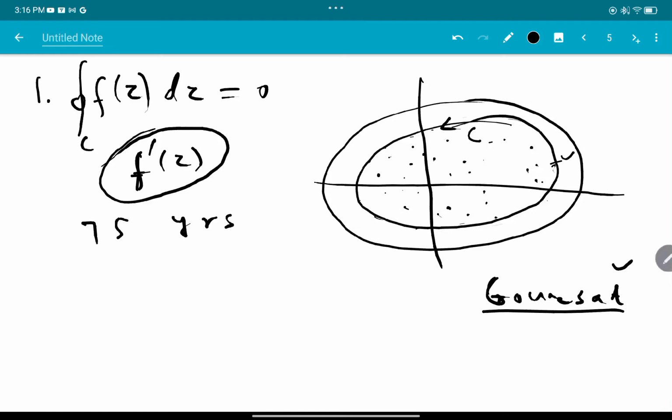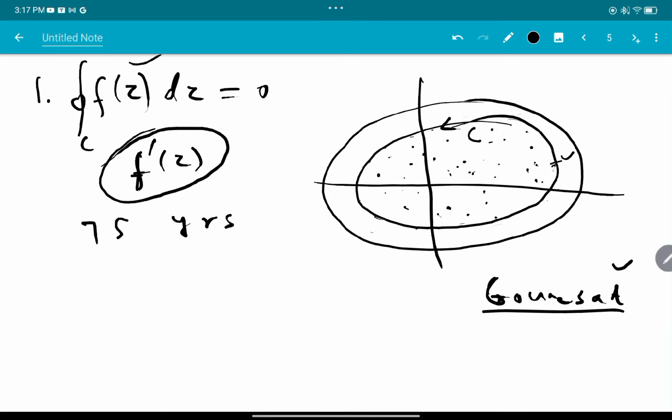So there are two versions of Cauchy's integral theorem. One version is that the first order derivative f'(z) should be continuous. That is the original statement of Cauchy's theorem. And the second statement is simply that f(z) should be analytic at every point on the closed curve and at all points inside it.